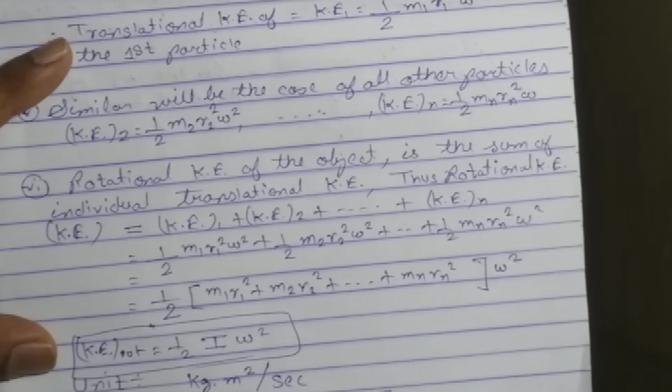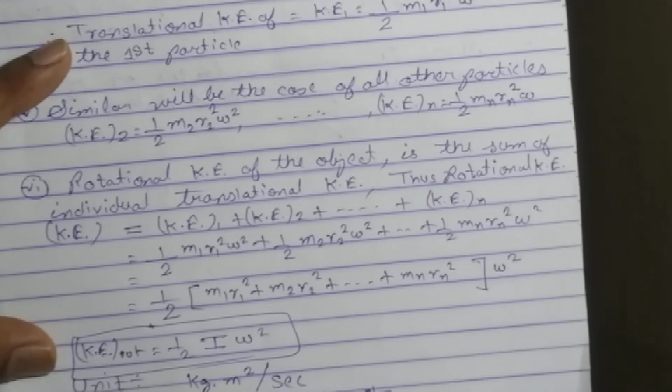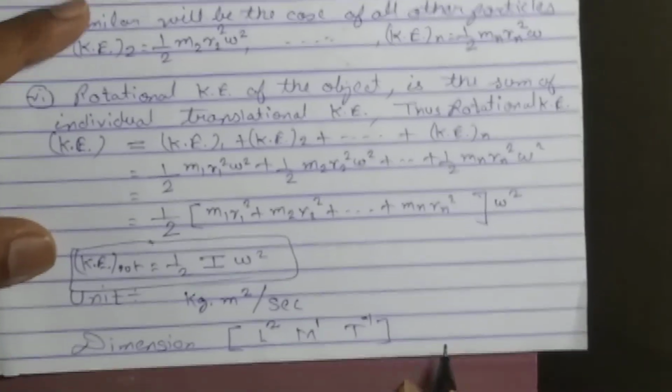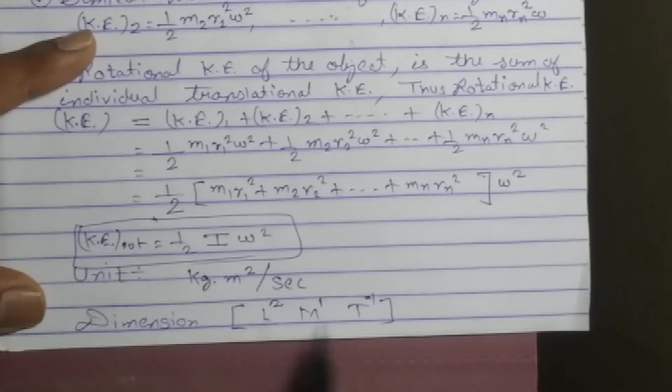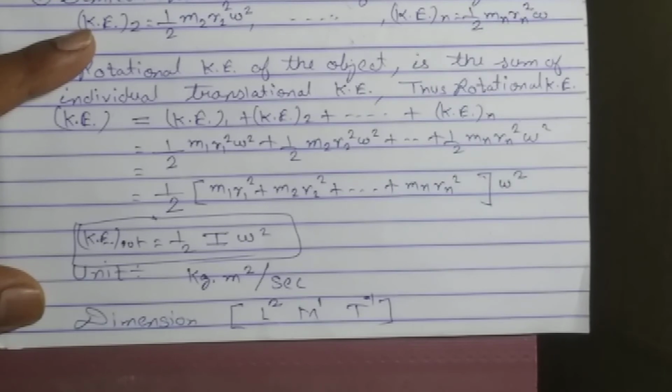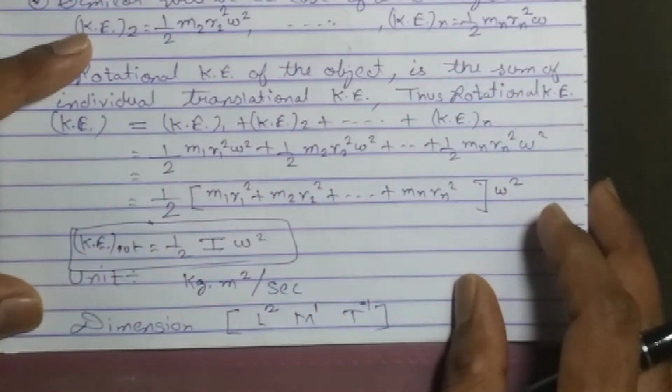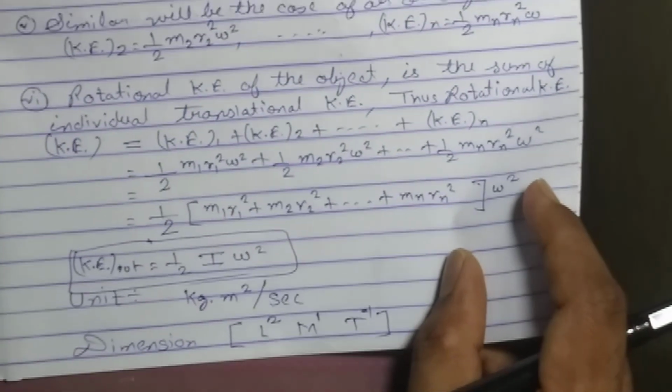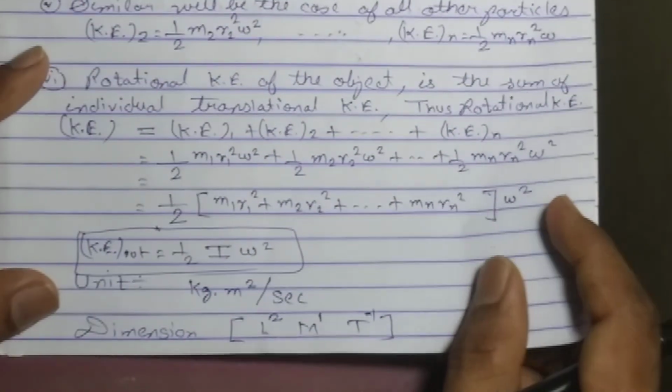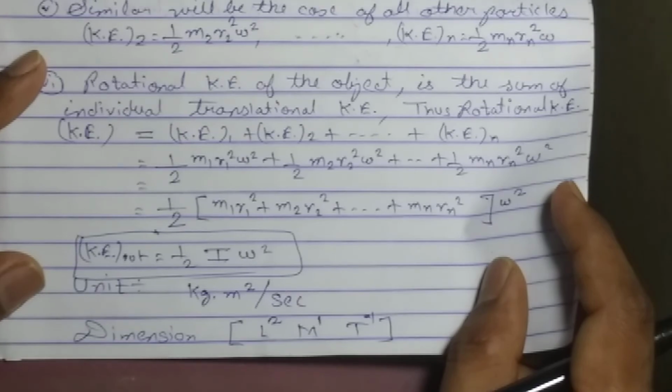Meter square means L square. Mass is 1, and T is there, but it is in the denominator, second square, so it comes in the numerator. That is the derivation for rotational kinetic energy. Students, now we are going to find out the moment of inertia of a ring.